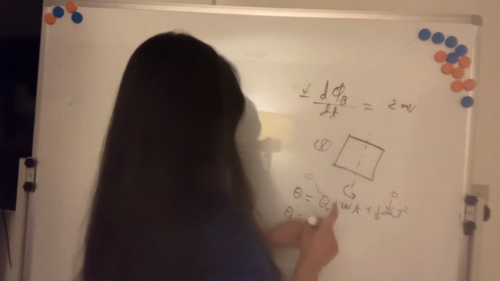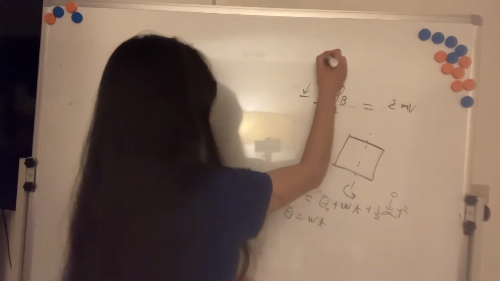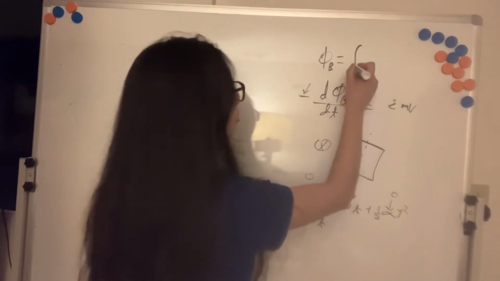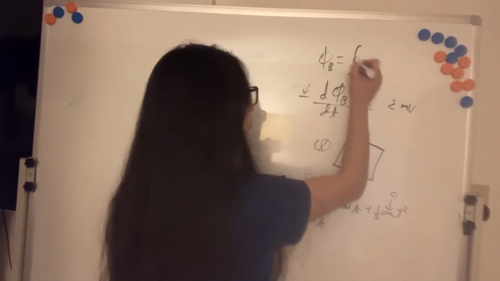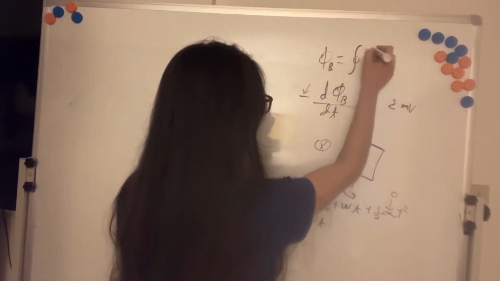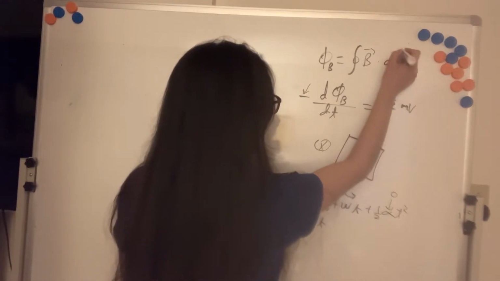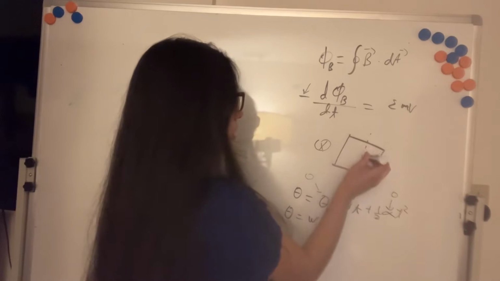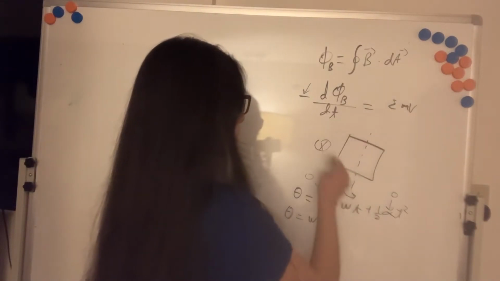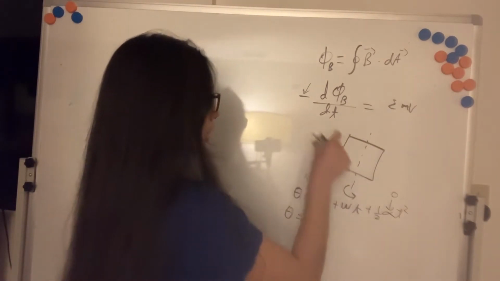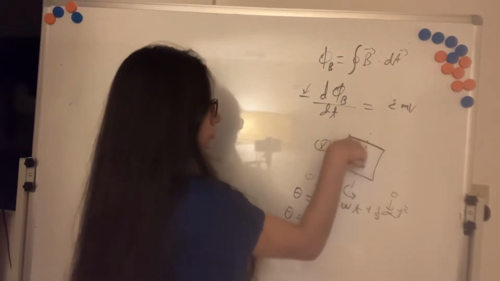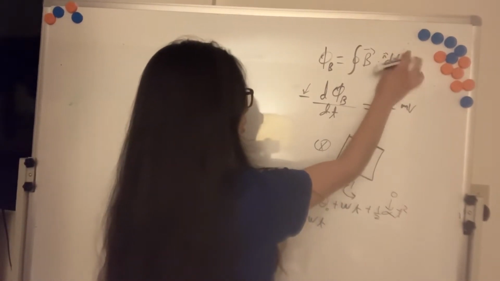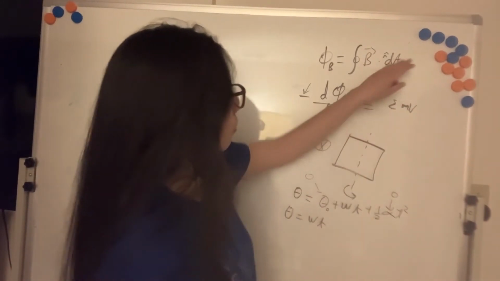So here we have the magnetic flux, that is the closed loop integral of magnetic field dot dA, the area vector, that is a vector perpendicular to the surface with magnitude of the area, or you can put the n here at dA with no vector.